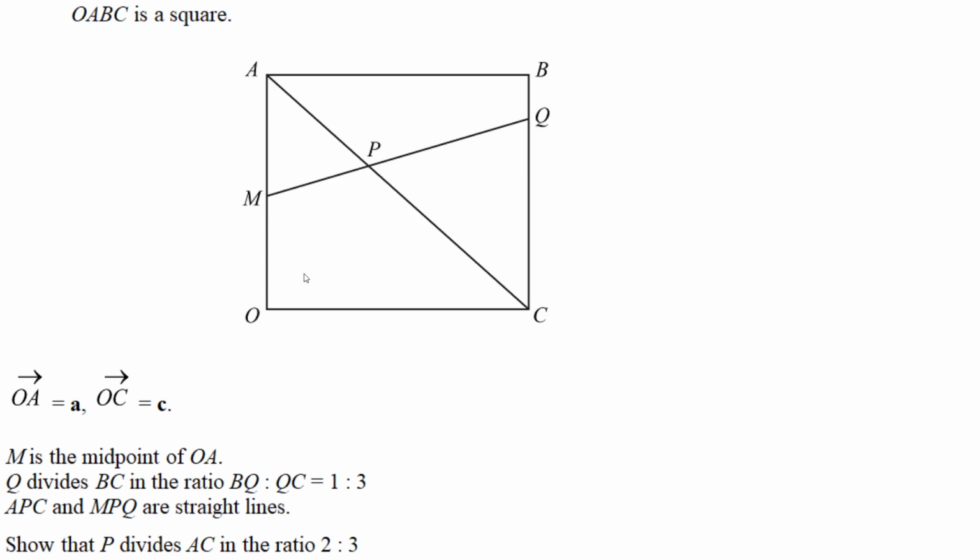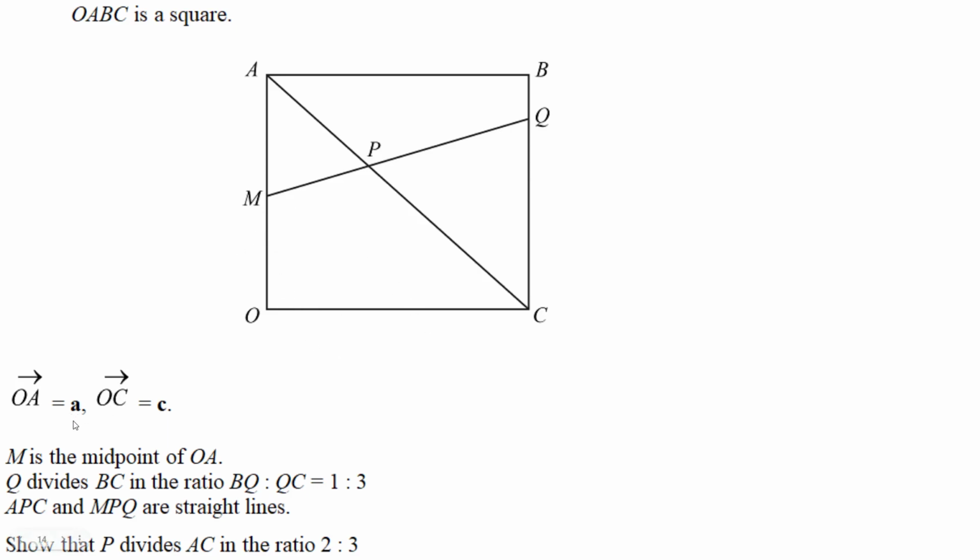Okay, so we're told that OABC is a square, so that means this equals that, which equals that, which equals that. So OA is A, and OC is C. Now the reason why you can't say A equals C is because A and C represent directions.